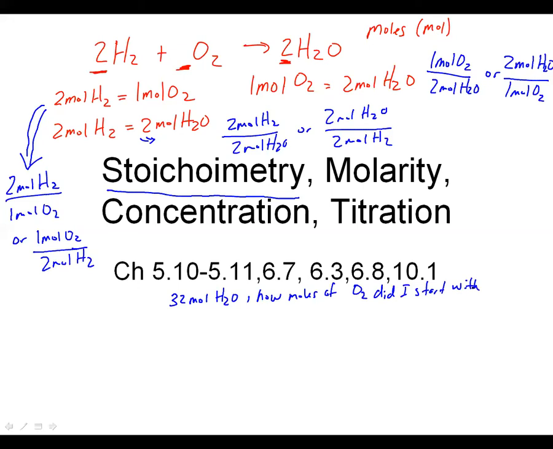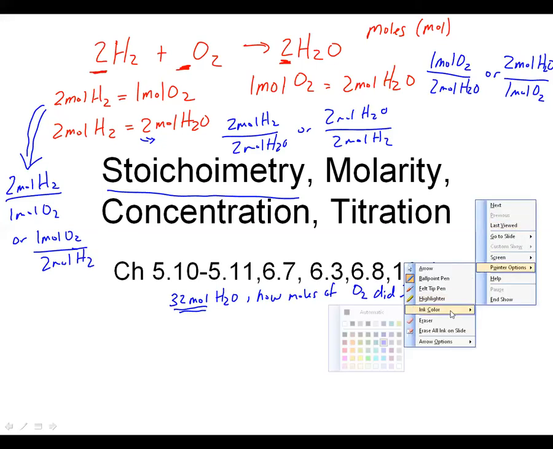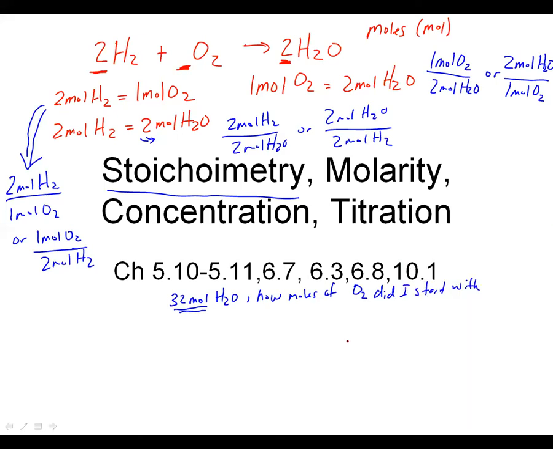When we do stoichiometry, as we'll talk about in just a second, usually the first thing you want to do is take whatever they give you and convert it into moles, which in this case it already is, since I started with moles. Then you look at what they gave you, which in this case is moles of water, but we're really not interested in water. We're interested in O2.